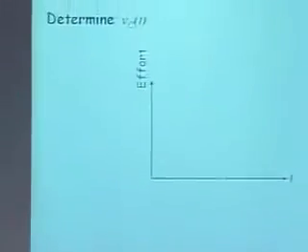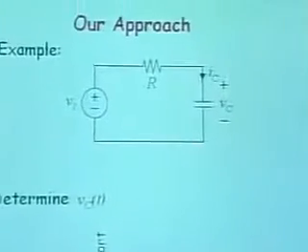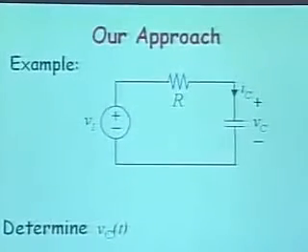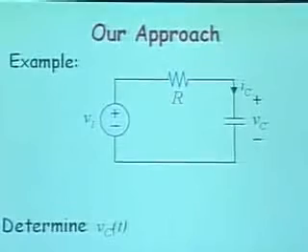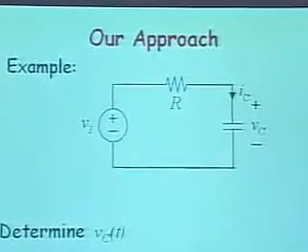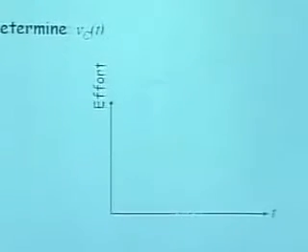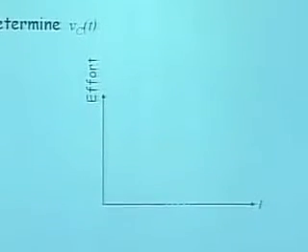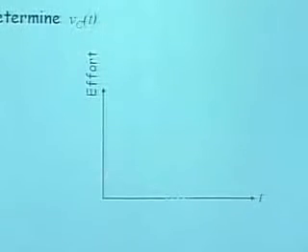To give you some insight as to how to go about analyzing this, let me draw a little graph of the effort level of doing this. To determine VC of t, on the y-axis here is our effort. How hard do we have to work to solve this circuit for a sinusoidal input?